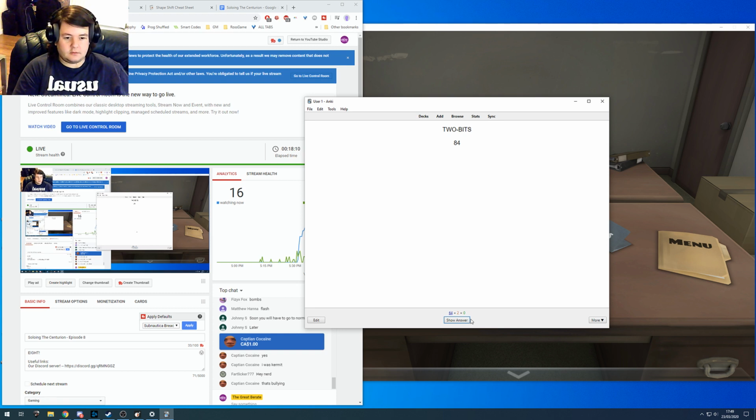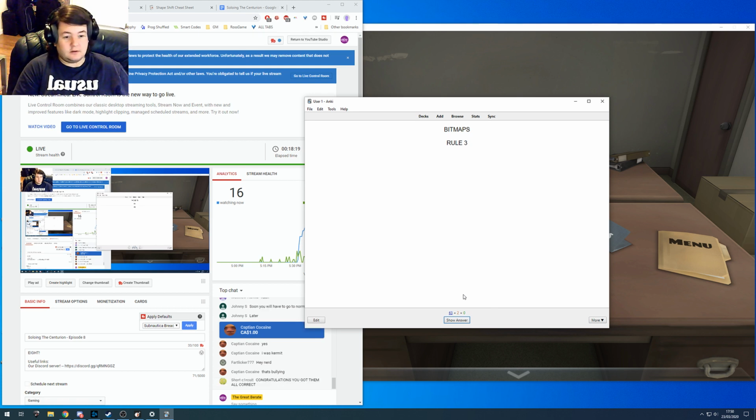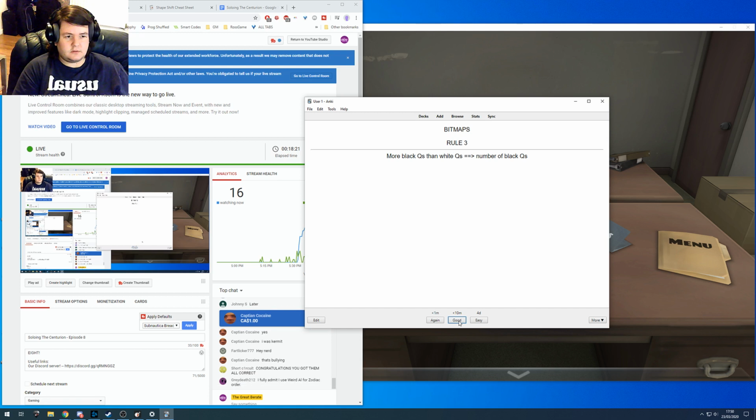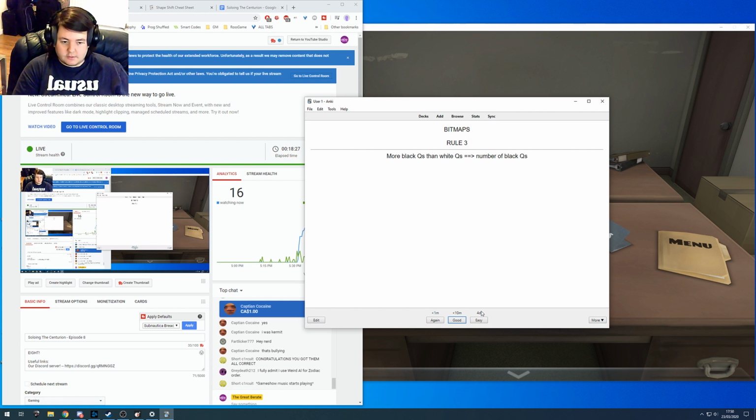Hey Dev. Good, okay. Then that's rule 3. If there are more black quadrants than white quadrants, it's the number of black quadrants. Okay. Use Weird Alpha Zodiac order. I don't know the song for that, sorry.